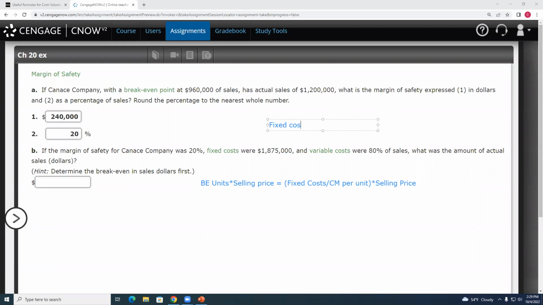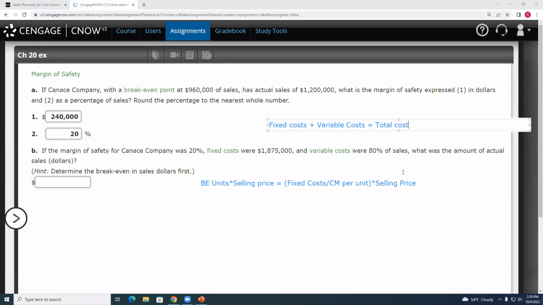Fixed costs, what do we already know? Fixed cost plus variable costs is their total cost. So that's common sense, right? Fixed cost plus variable cost equals total cost.